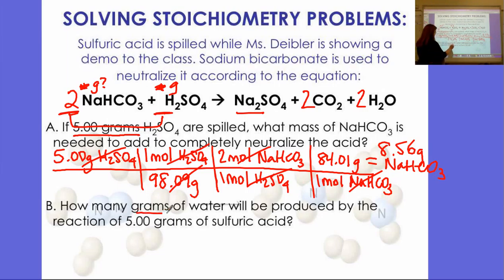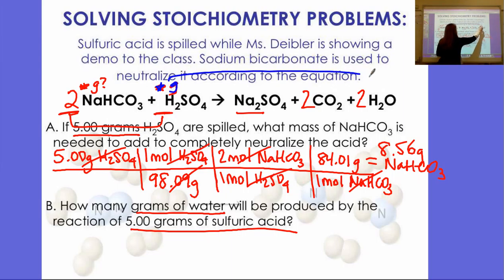Part B. Grams of water, still starting with the 5 grams of sulfuric acid. Still starting with grams of sulfuric acid, trying to get to water in grams. Grams to grams, still another 3-step calculation.